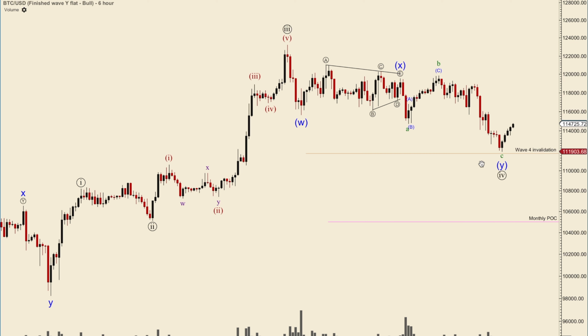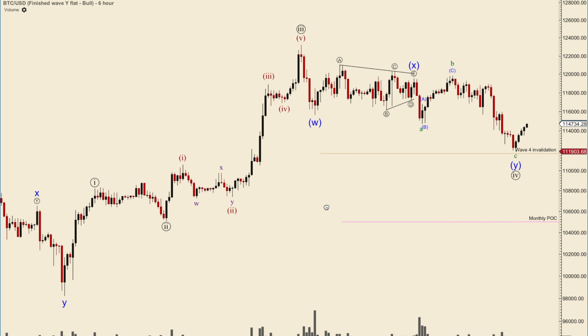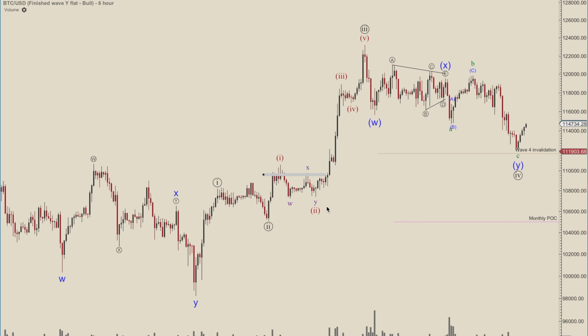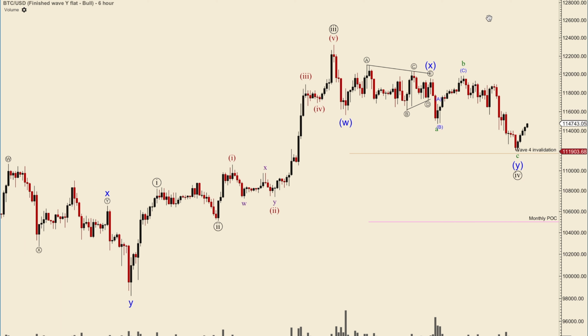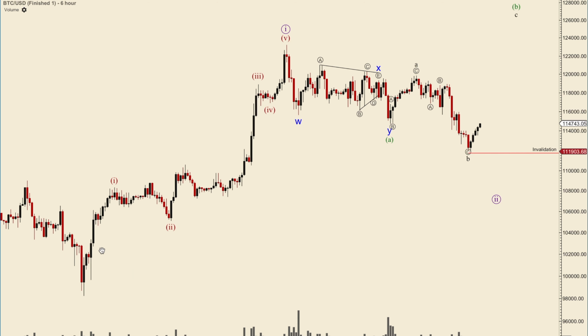If we don't move below this invalidation, then we need to look at what happened before here, and whether this is indeed a finished wave 1 or not, or if it's a finished wave C and we look for lower prices. But as I said, it doesn't look like an impulse, and we basically need an impulse to start our journey towards not the dark side, but the bear side.